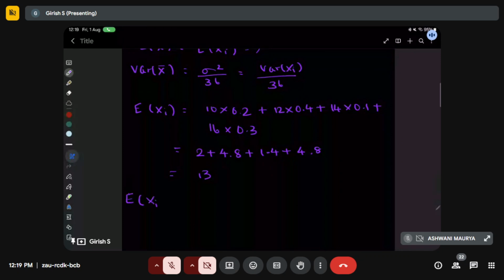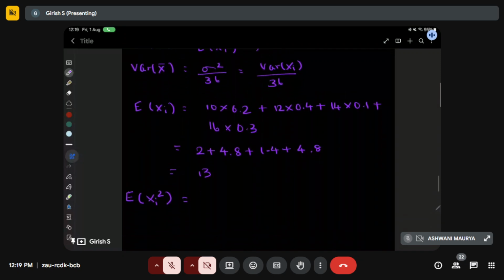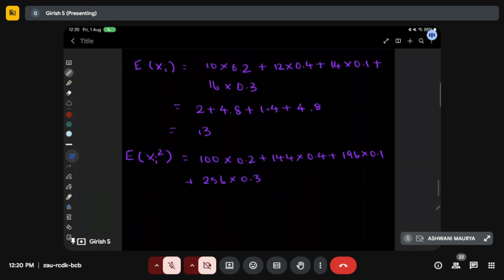Now let's calculate expectation of xi square. In order to calculate variance of xi, I'm just calculating this. So this is 100 into 0.2 plus 144 into 0.4 plus 196 into 0.5 plus 256. I'm just squaring it and then multiplying with the probability, like expectation of xi square is nothing but x square into p of x.